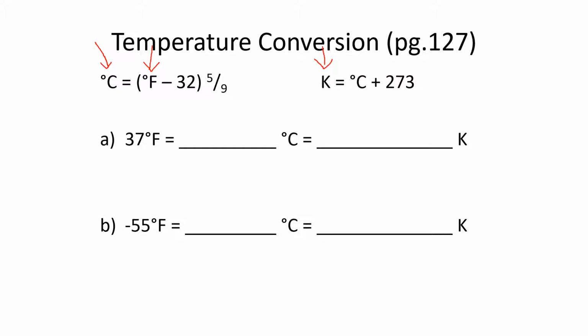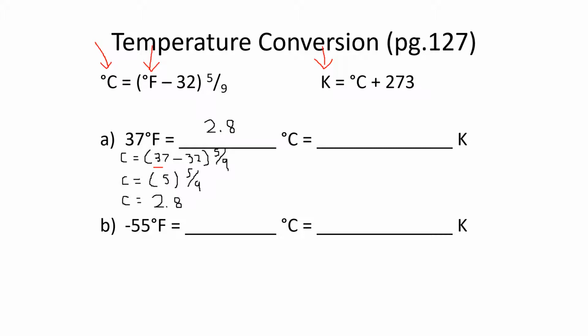So Fahrenheit to Celsius, plug and chug. Anytime we see an F, we're going to put in 37 right there. And then all it is, please excuse my dear Aunt Sally. So inside the parentheses first, and then we multiply by 5/9. This one you get not a repeating digit. You get a nice round number, 2.8 or so.